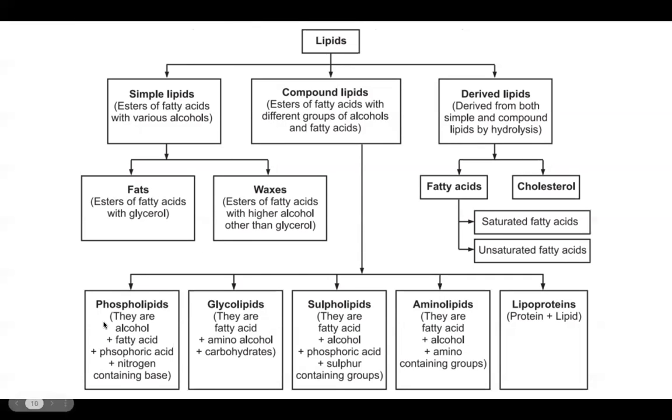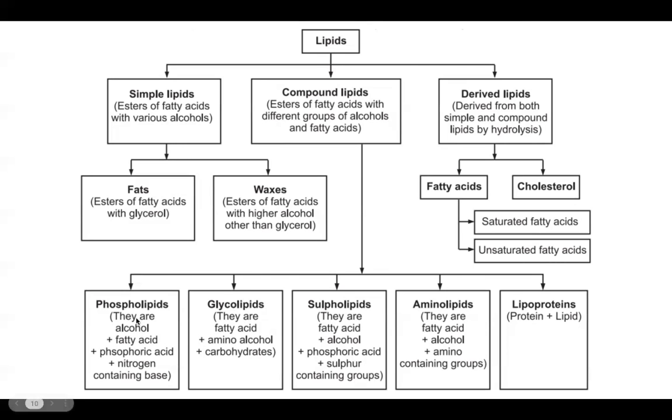They can be phospholipids, glycolipids, sulfolipids, aminolipids, and lipoproteins. Derived lipids are derived from both simple and compound lipids by hydrolysis. They can be fatty acids and cholesterol. Fatty acids are also divided in two groups, saturated fatty acids and unsaturated fatty acids.